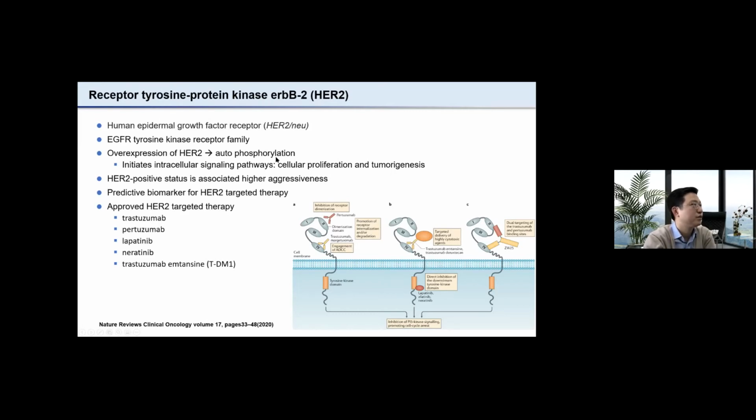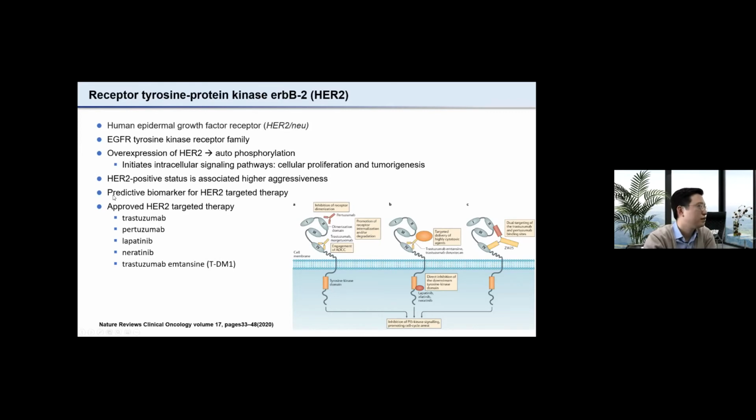That is natural because this is a growth factor receptor. It should be activated by growth factor, but if it's activated spontaneously, then it will make an aggressive tumor. So HER2 positive status is associated with higher aggressiveness in breast cancer.